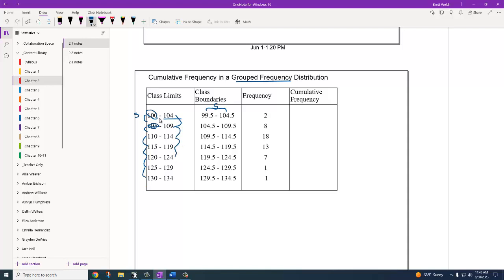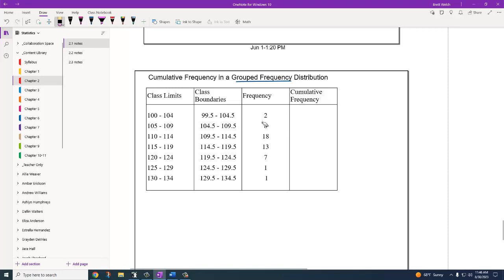It doesn't work going across. 100 to 104 is going to have a width of 5, even though if you subtract it, you'd only get 4. Hopefully that makes sense how we build this. Again, with our class boundaries, 100 to 104, we're going to extend that half a value each direction more than what we have in order to create our class boundaries.